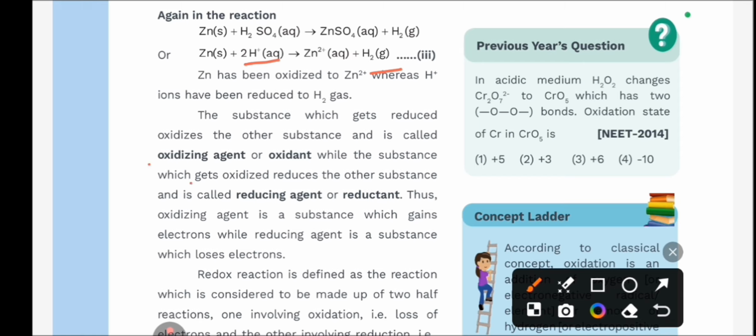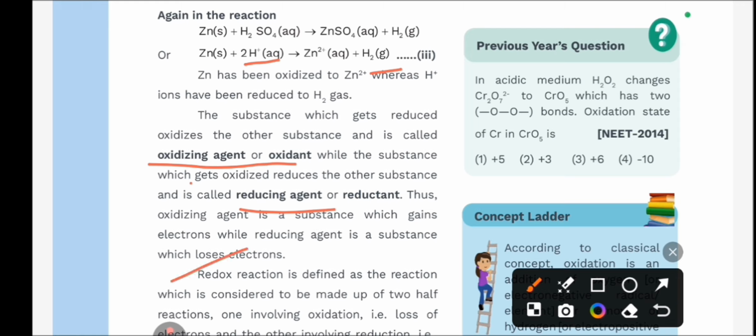So the oxidizing agent is the other name of reduction, where the substance gets reduced, and the reducing agent is the other name of oxidation, where the substance gets oxidized. If both oxidation and reduction take place, then it is called redox reaction.